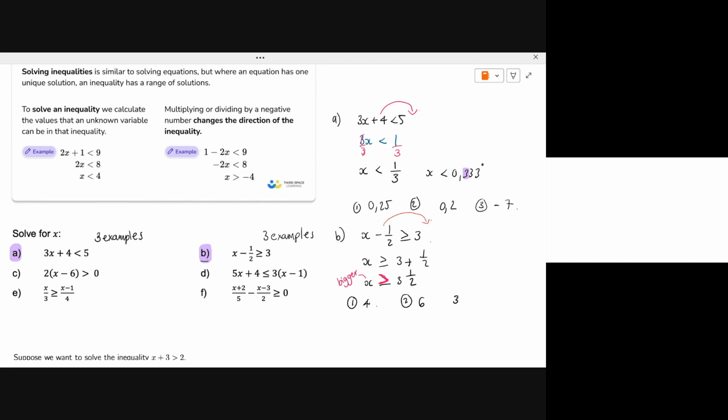Anybody got a third example for us? You can think of the most outrageous number. Good. There's a nice one, 8. 4,5. Good. I like that one. There's a fourth example, 4,5. All right. So it just needs to be a number bigger. But we know that all the numbers from 3.5 going that way are included.